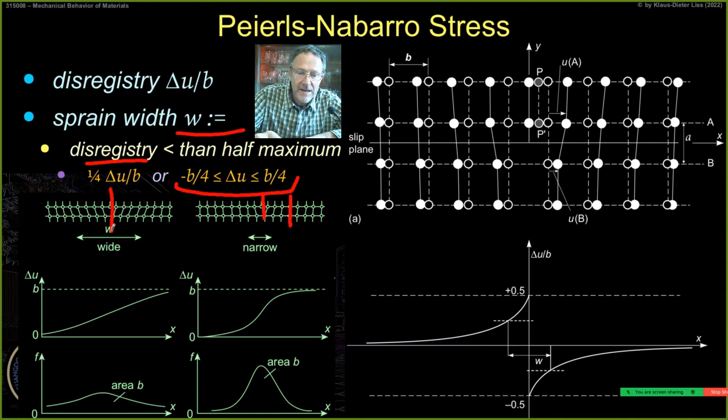While in the wide dislocation, I also go 4 lattice parameters away, or 4 Burgers vectors away, but I still see the inclination of the lattice plane, and it takes more distance until we see the vertical undistorted line. So that's how you can visualize a wide and a narrow dislocation.